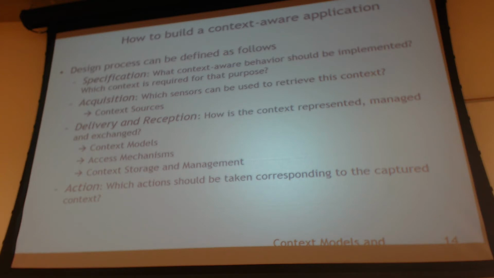Once you have understood these two things, specification and acquisition, then you talk about delivery and reception, which means how the context is represented, managed, and exchanged. This is the most important part of any context server application, and this is where we will spend some time in this class.